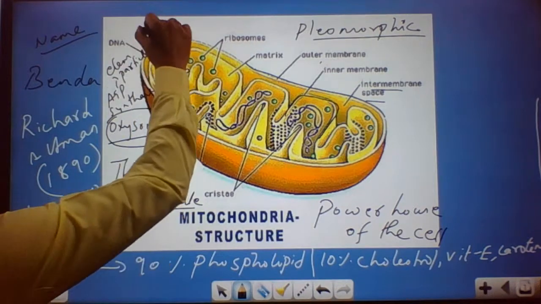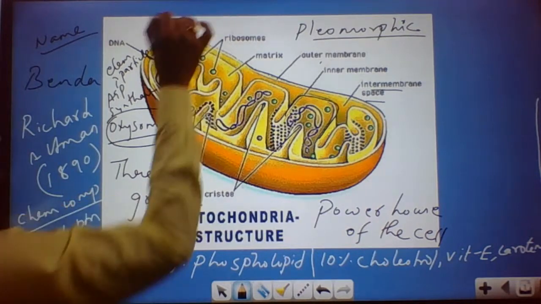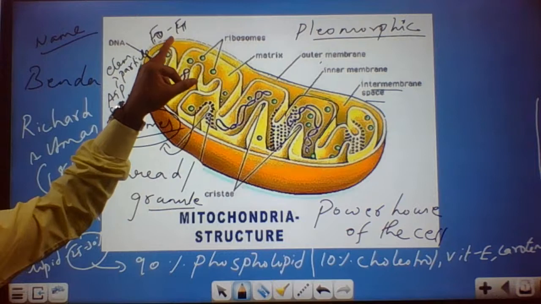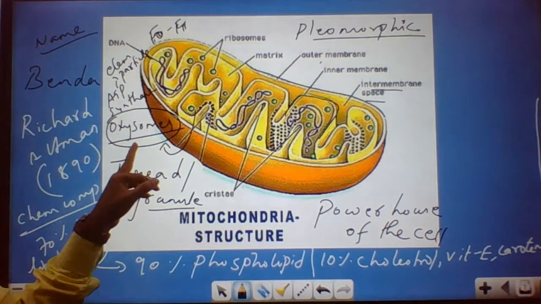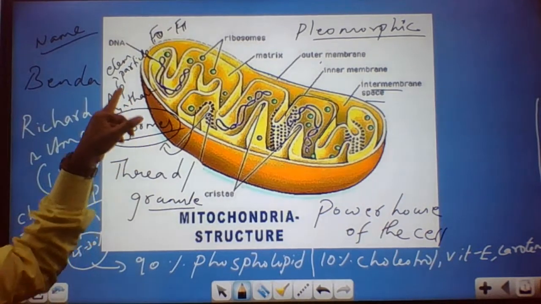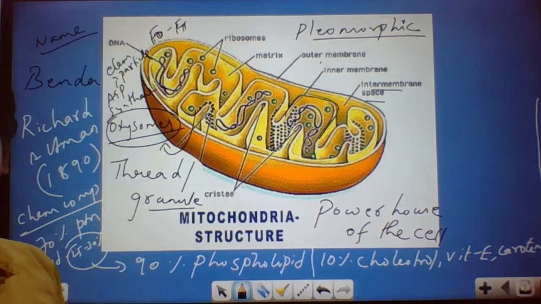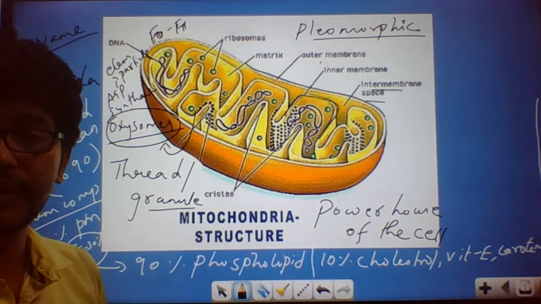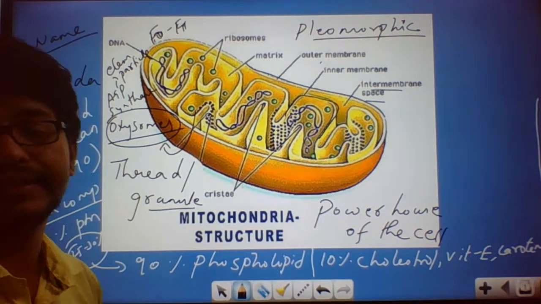And these oxysomes consist of the F0 and F1 regions. What is the main function of this F0, F1? F0, F1, or oxysomes, are also called ATP synthase, or even an elementary particle. Now, what is the main function of this F0, F1 particle, or of these oxysomes? Can someone tell me? Again, the answer is ATP.